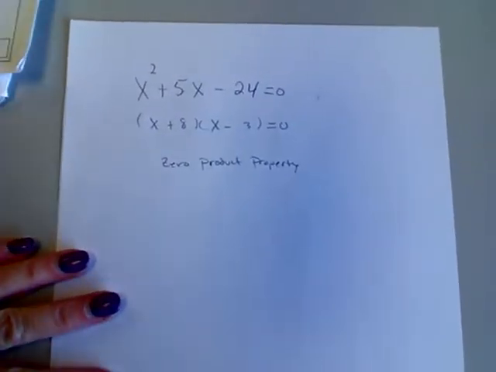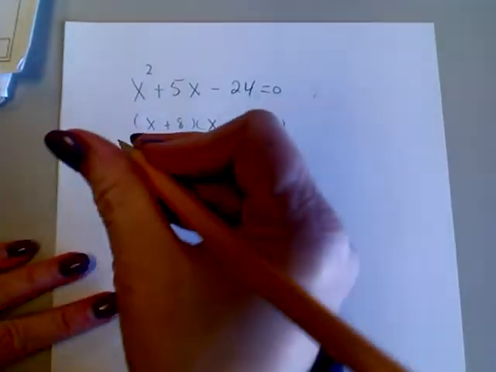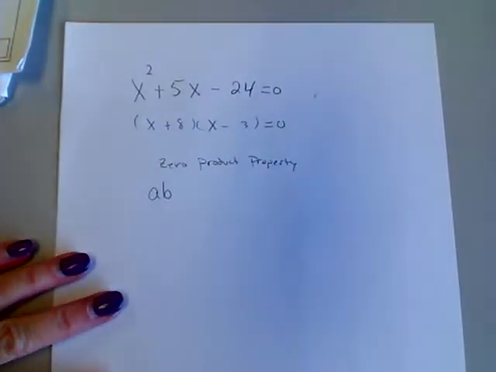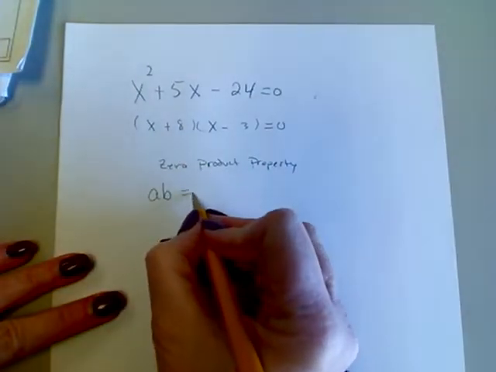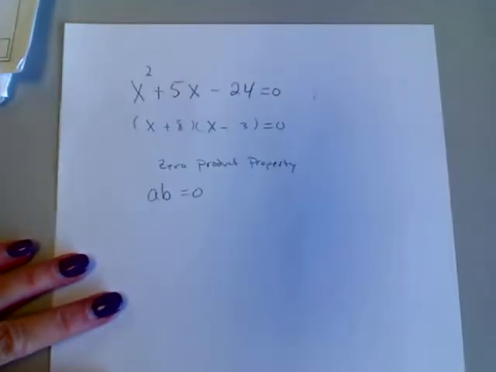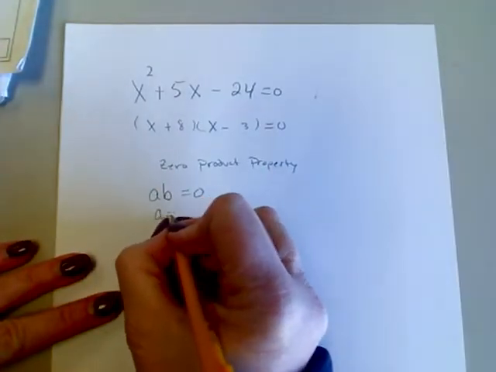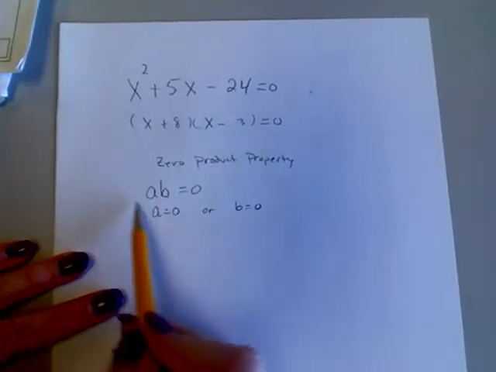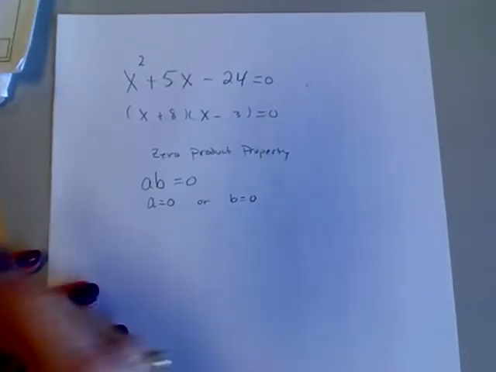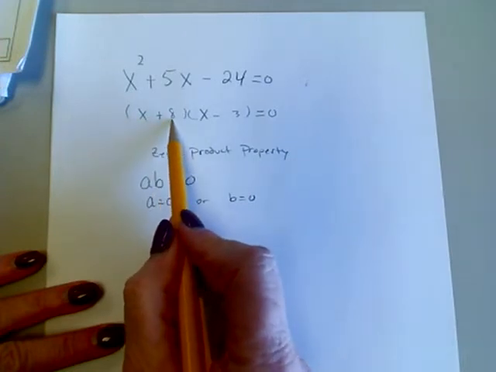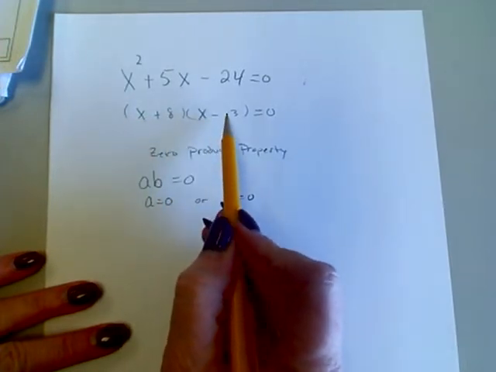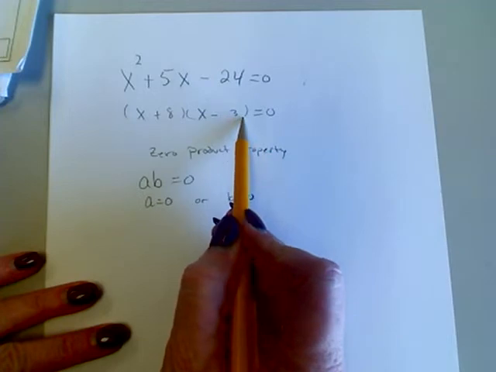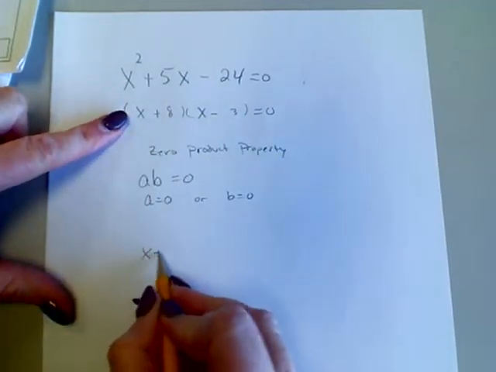The zero product property says that if I have two terms, a times b, and this equals 0, then it means either a has to equal 0 or b has to equal 0 for this to be a true statement.